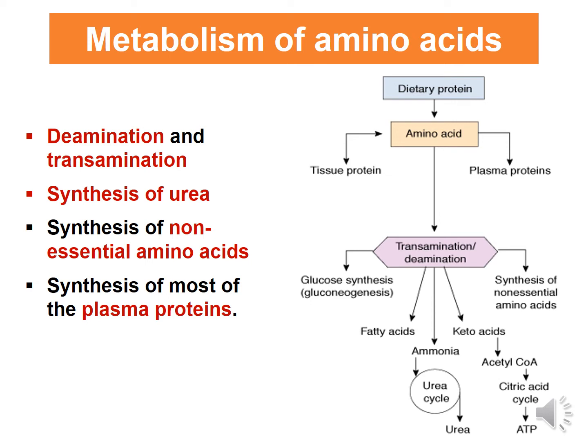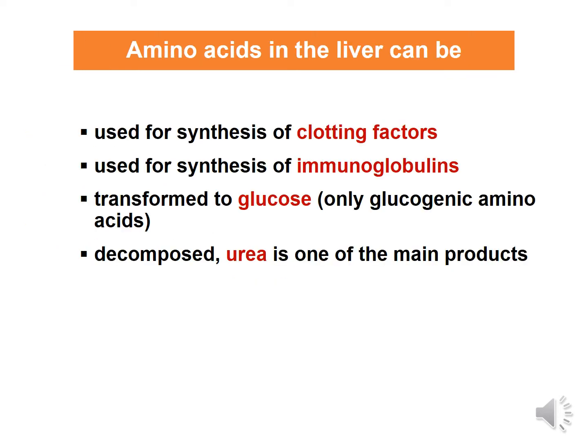Also, the liver synthesizes many of the clotting factors necessary for blood coagulation. So, amino acids in the liver can be used for biosynthesis of clotting factors, immunoglobulins, or transformed back to glucose only for glucogenic amino acids, or decomposed, and the main product is urea.